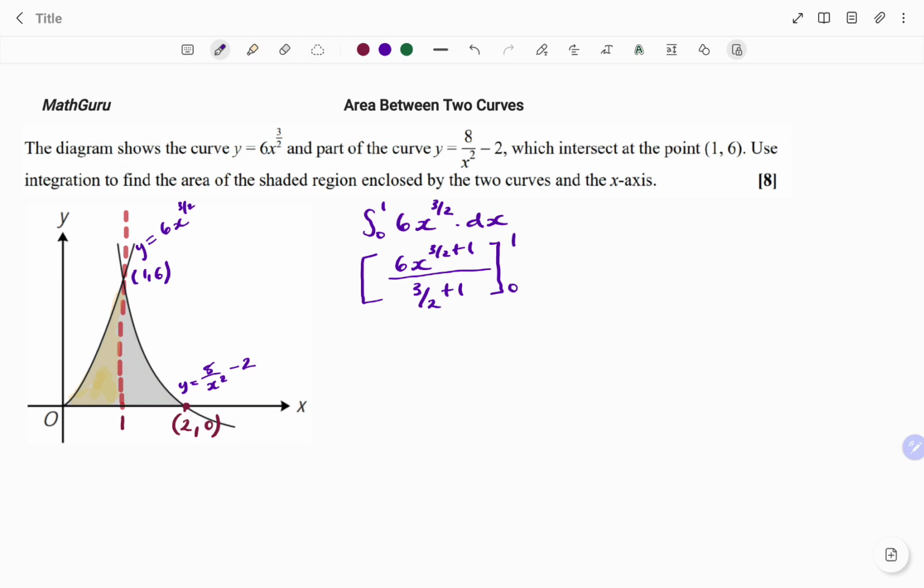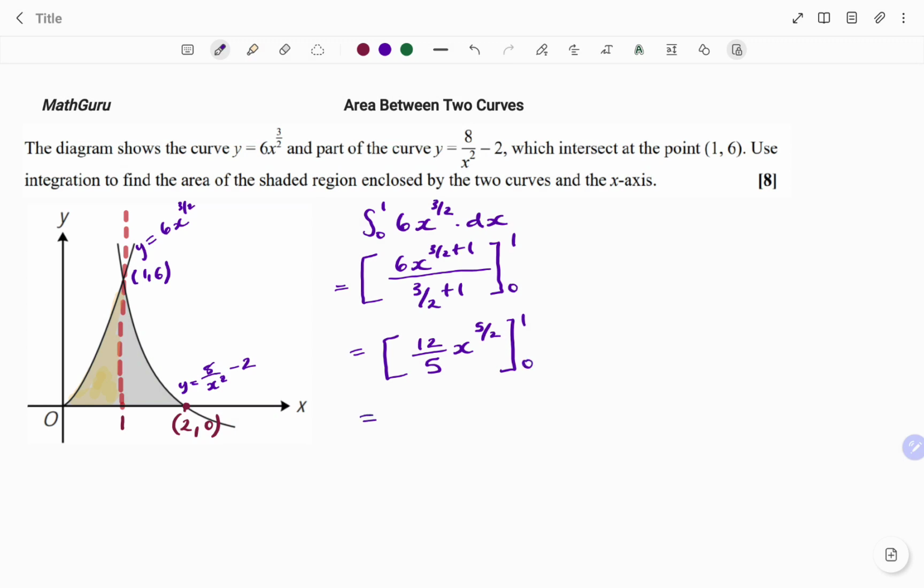I'm going to tidy up what I have in the bracket first. So I have 6 divided by 3 over 2 plus 1, that is 12 over 5, times x to the power of 3 over 2 plus 1, that's 5 over 2, from 0 to 1.